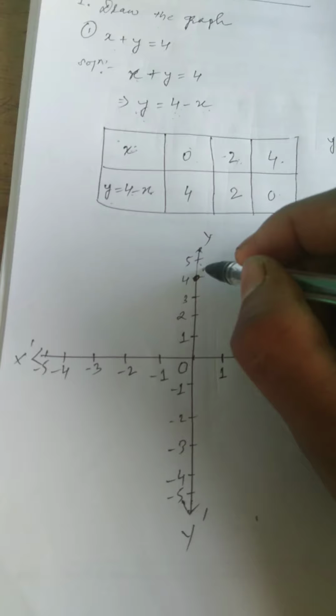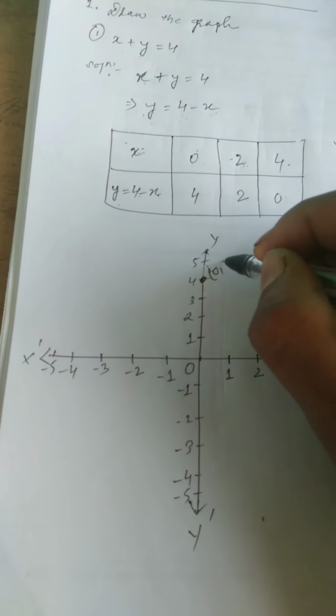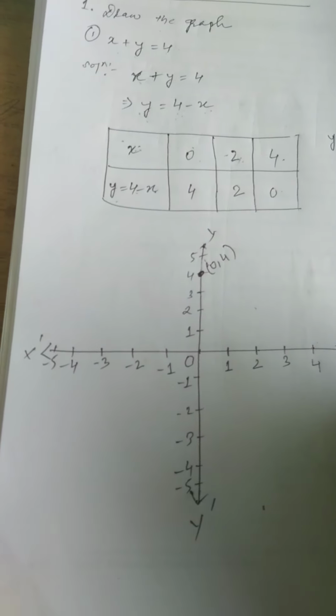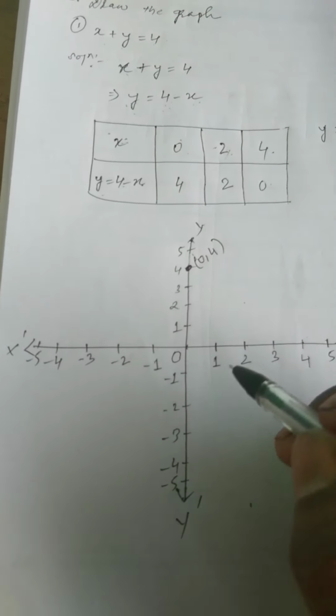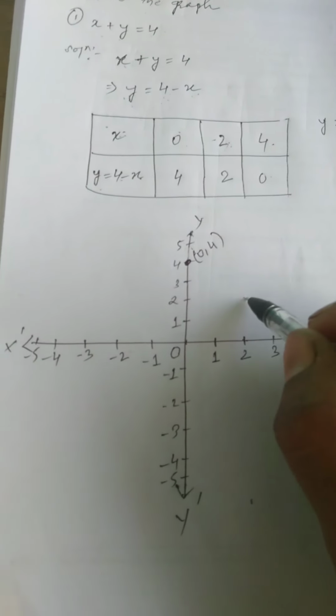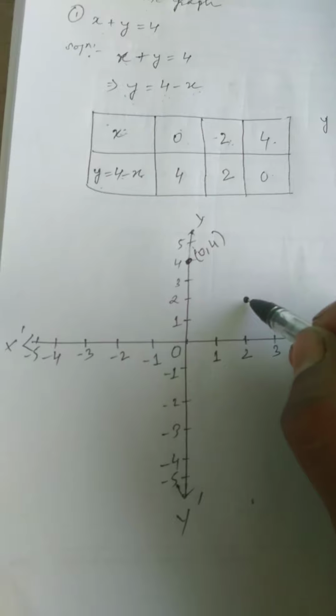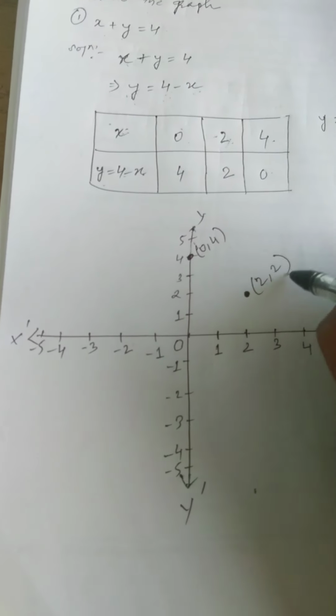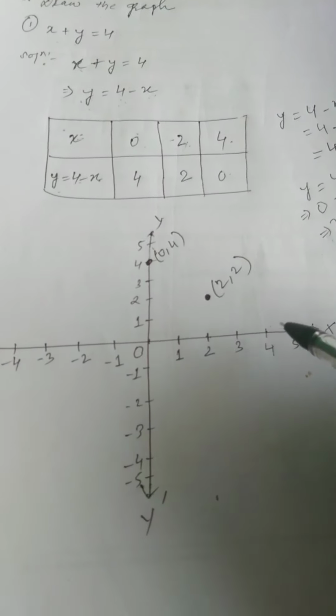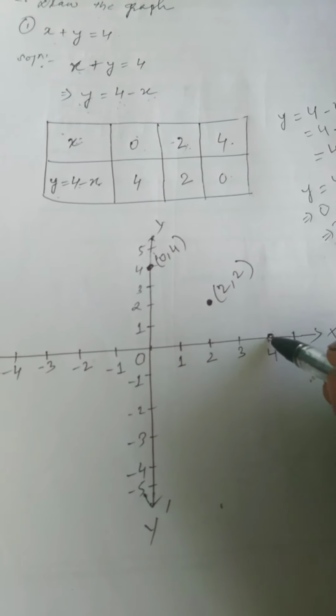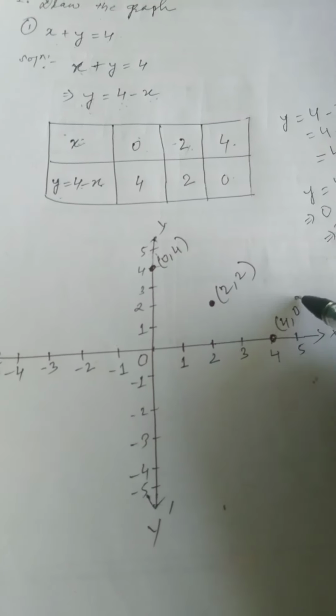This is 0 comma 4. Then next, x is 2, y is also 2. Here it is 2 comma 2. And next is x is 4 and y is 0, that means here, 4 comma 0.